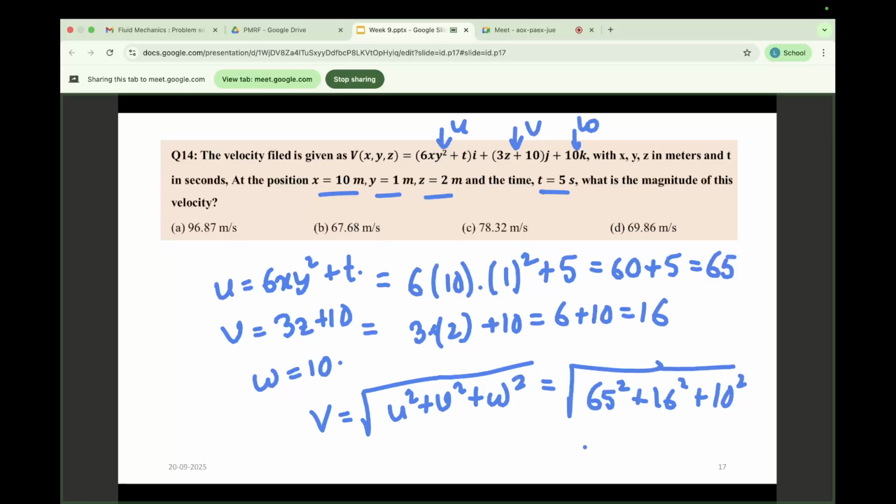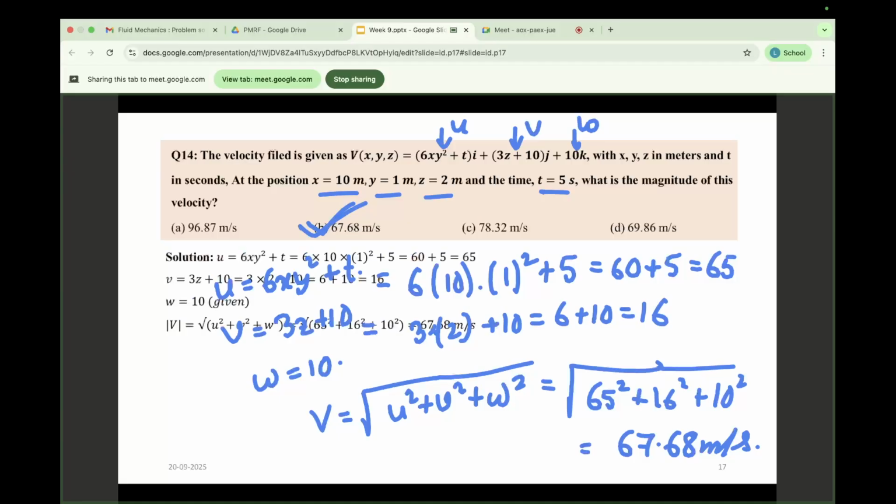If you calculate, you will get a value around 67.68 meter per second. So that's why option B is the correct answer here. This is a simple question. I hope that you understand. You have already answered it correctly.